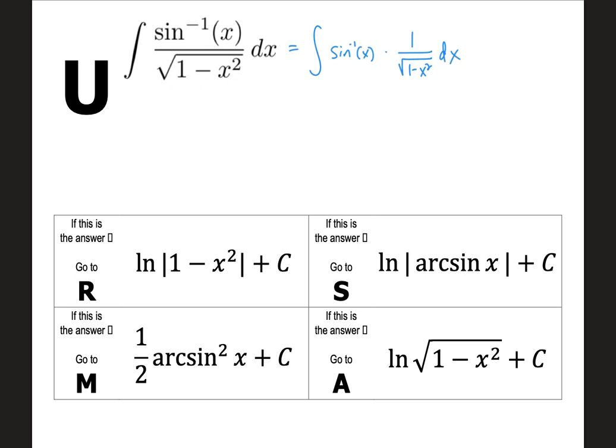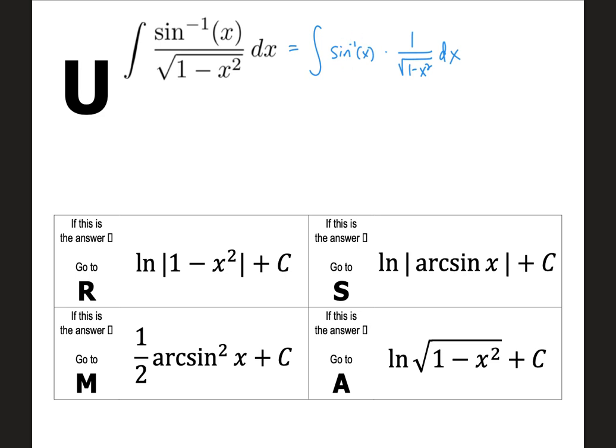All right, so now we can see super clearly that if we make this u, this exactly is du. That's what we want. If you make something u, du is everything else that's multiplied, maybe differing by a constant. In this case, it's not even different by a constant.